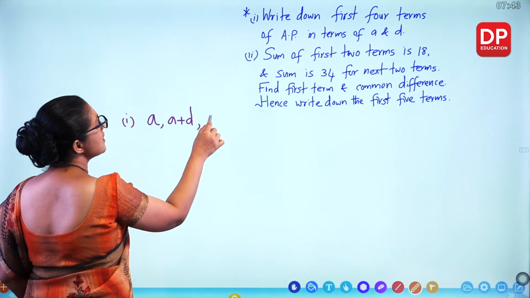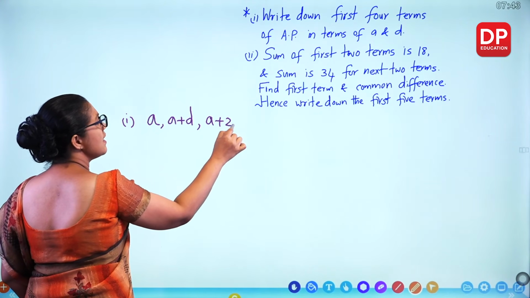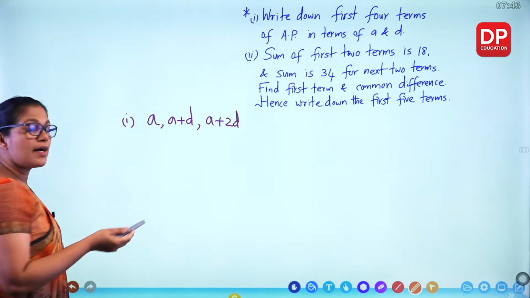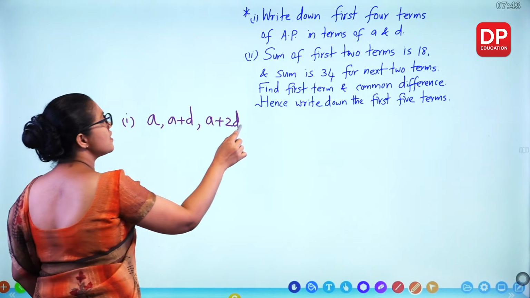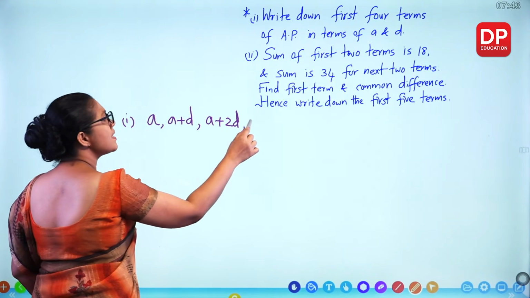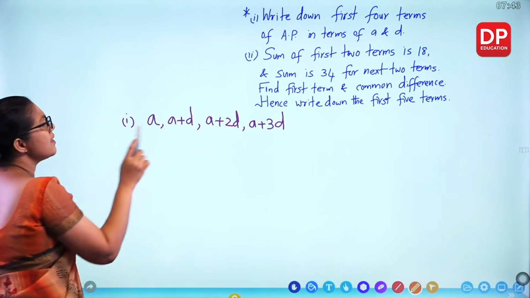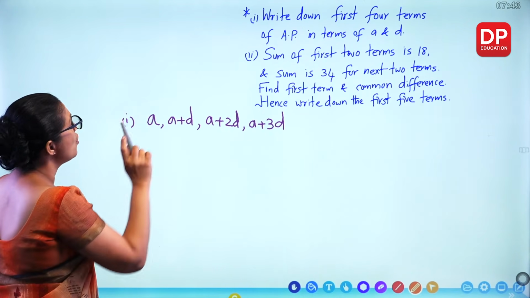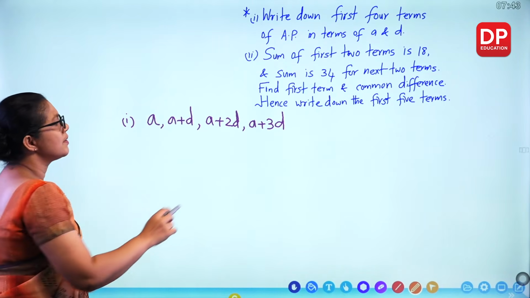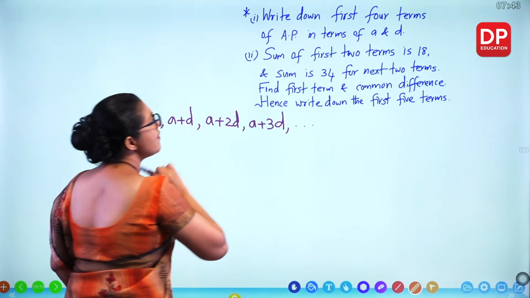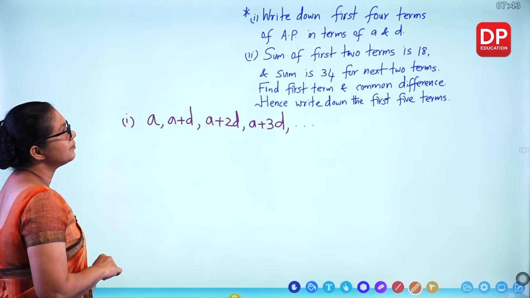A plus 2D. D, another D, D plus D, 2D. A plus 2D plus D, A plus 3D. So these are the 4 terms.